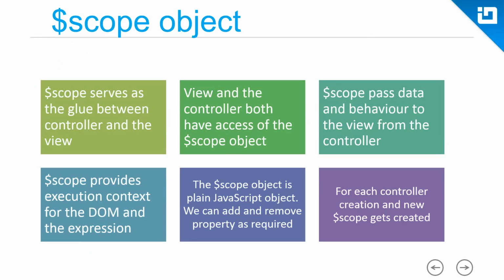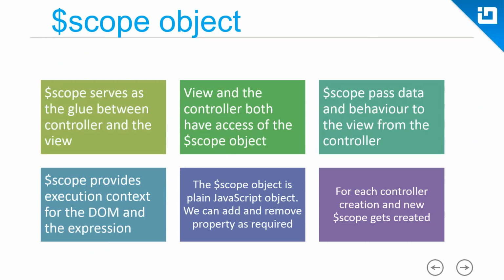And in the global execution context, we have a scope called rootScope. Using the ng-model directive, we were adding that name to the rootScope, and Angular was attaching a watch to that particular property in the rootScope, and whenever any change happened, Angular was notifying the view.